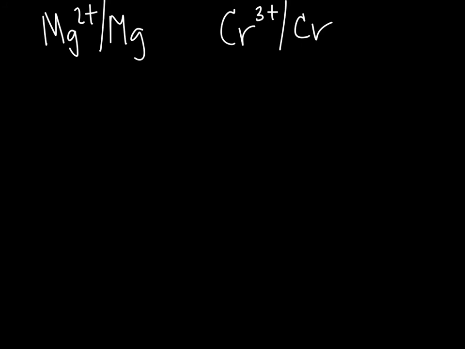All right? So what you should do is everything that we just did, all on your own. Okay? So then you should stop the video, do it yourself, and then replay the video to check your answer. All right? So first thing you should do is look these up on the reduction table and write them down the way you see them.